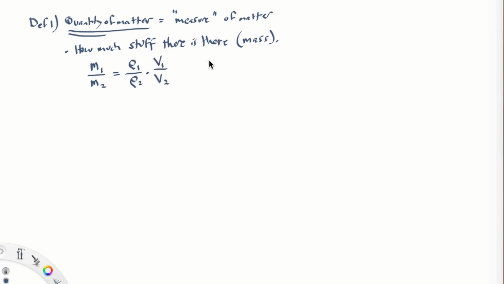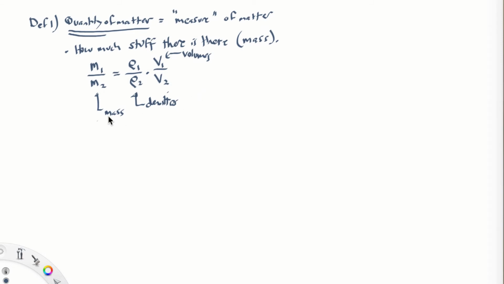If you want to compare how much quantity of matter, or we would say mass, is in two objects, you have to compare the ratio of their densities, and you have to compare their bulks or their volumes. And again, here is what we would call mass, but he would call quantity of matter. I will probably just use the word mass.